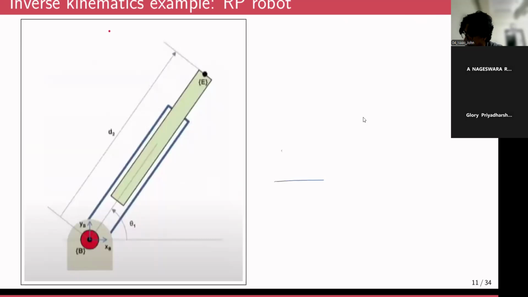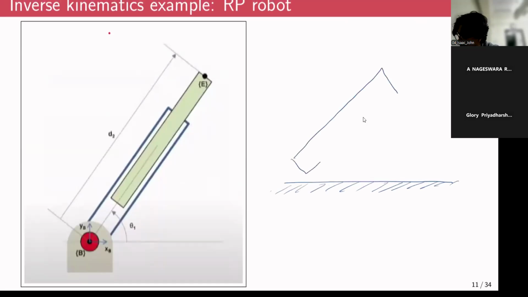So if I consider this entire thing to be ground, you have the first link, something like a block, and this will be attached to the ground. This can also be considered to be part of the ground. And maybe I'll denote the rotating link with a color. This will be the first link.